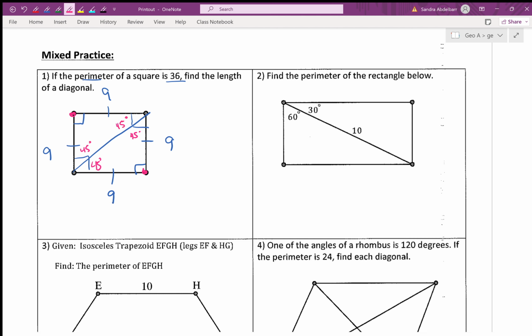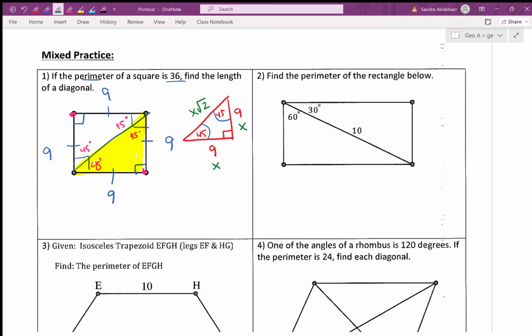All right, so they want us to find the length of the diagonal. I'm going to use just one of these right triangles that I've created, so I will redraw it. I have a 9, I have a 9, and I want to find the hypotenuse. I remember in a 45, 45, 90 triangle, opposite the 45s are x, opposite the 90 is x root 2.